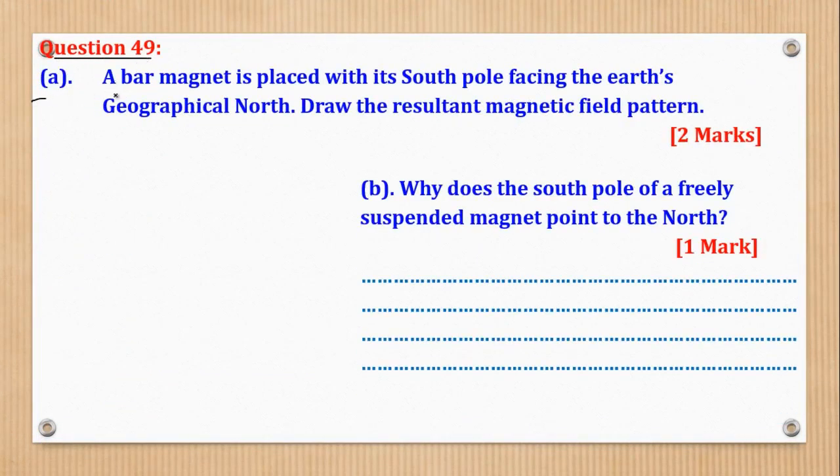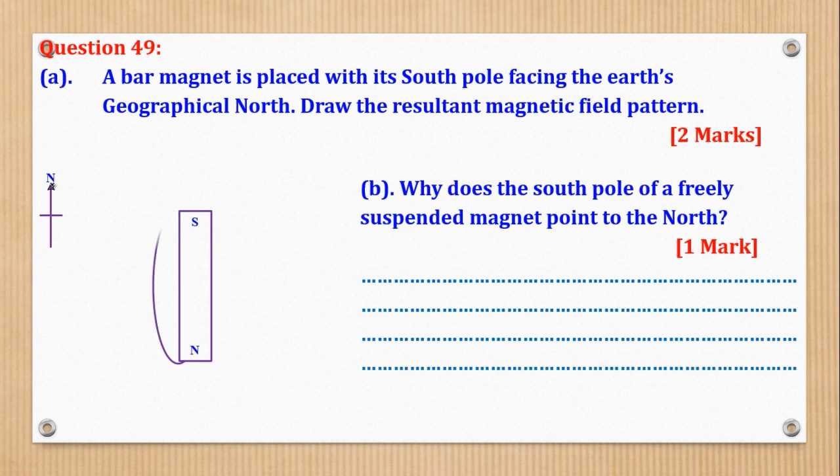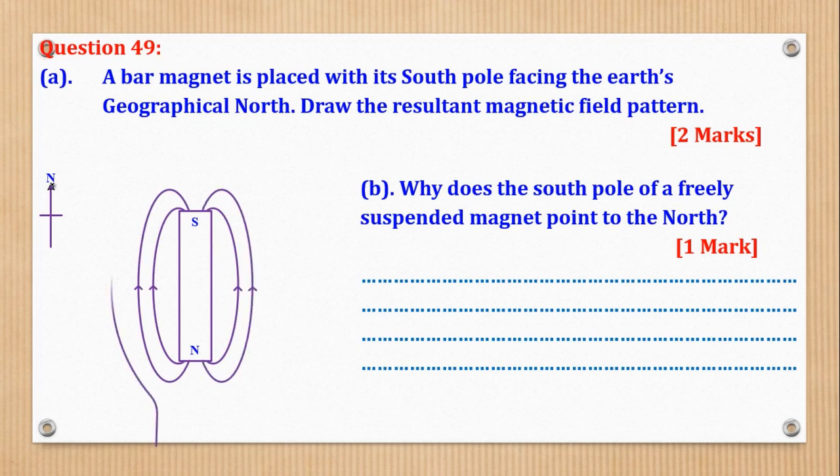Question 49, Part A says, a bar magnet is placed with its south pole facing the Earth's geographical north. Draw the resultant magnetic field pattern. So you first draw the magnet and the compass direction to show the geographical north. So this is the south pole facing the geographical north. Then the field pattern will be, first of all, for the magnet to be like that, then to be interfered with the Earth's magnetic field to form that pattern.